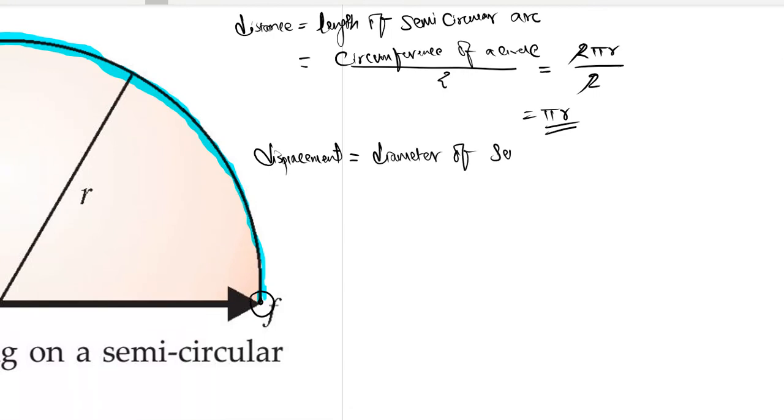The diameter is twice the radius, 2 into radius. So the displacement is 2r. What was the distance? Pi r. What is the displacement? 2r. So if you know the value of radius, you can put the value of radius over here and find the displacement.